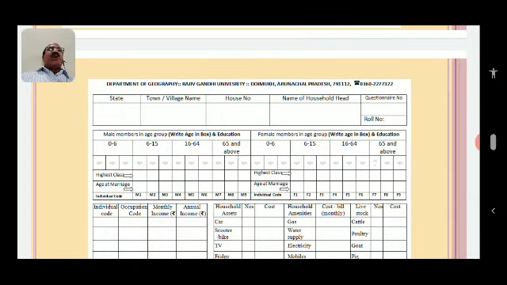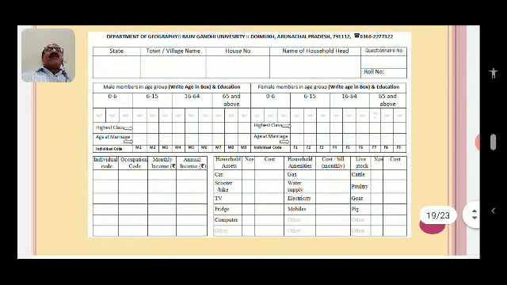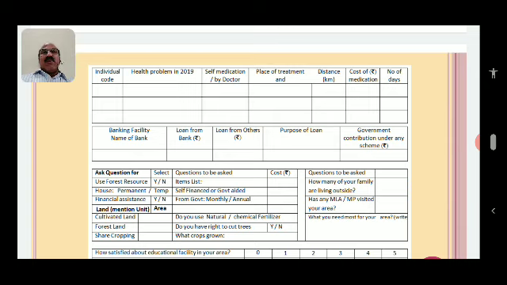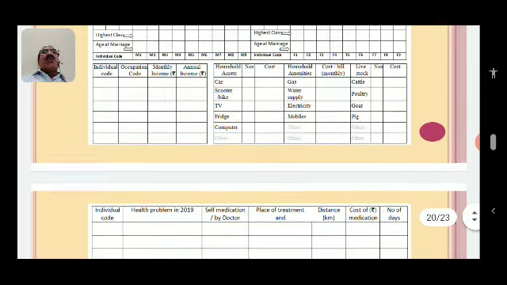So likewise, what you have seen already, this is your questionnaire first part, then the questionnaire second part. You see individual code. We are not writing the name of the person or who he is, or making the table lengthy there. So what we are doing is using an individual code.